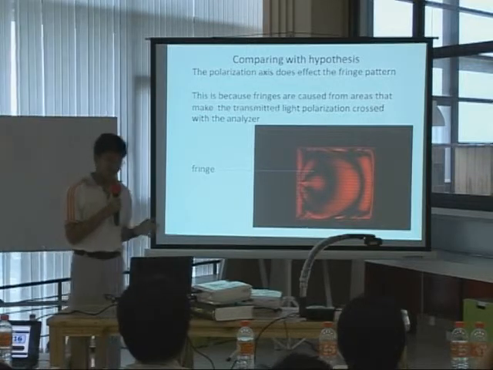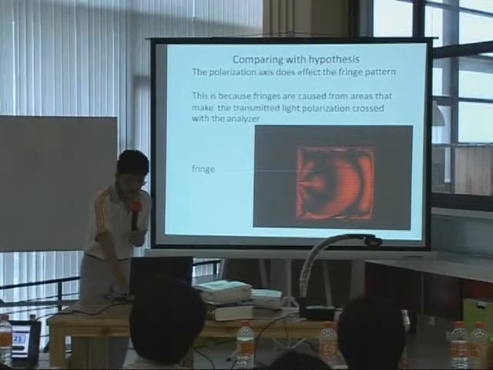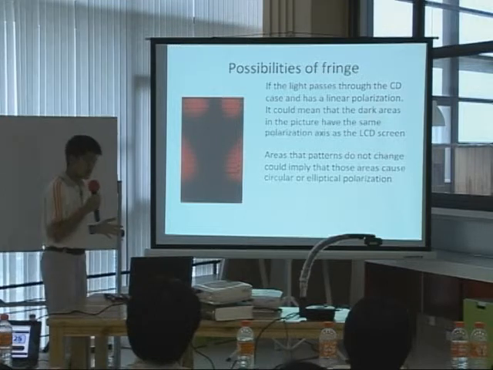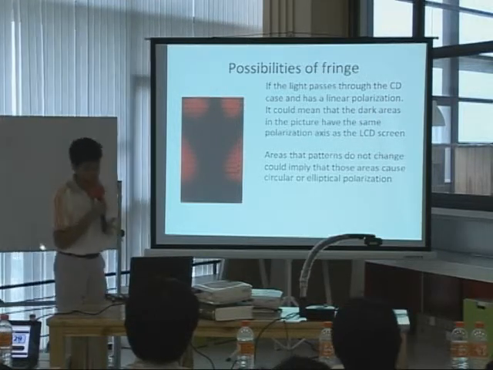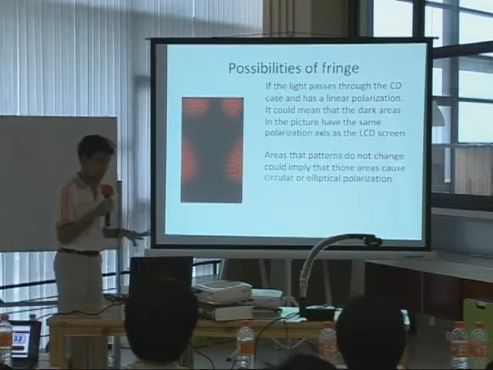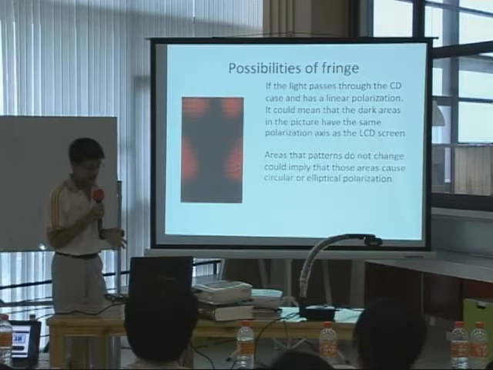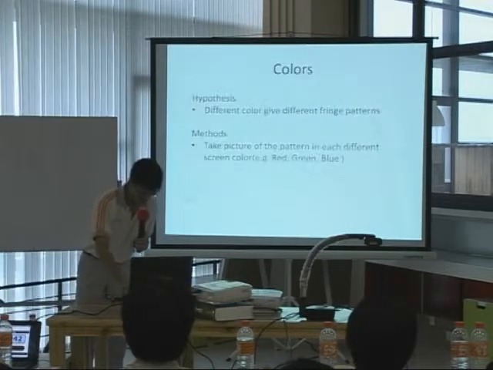This is because fringes are caused from areas that make the transmitted light polarization cross with the analyzer. Possibilities of this phenomenon: if the light passes through the CD case and has a linear polarization, it could mean that the dark areas in the picture have the same polarization axis as the LCD. Other areas could be caused by circular or elliptical polarization.